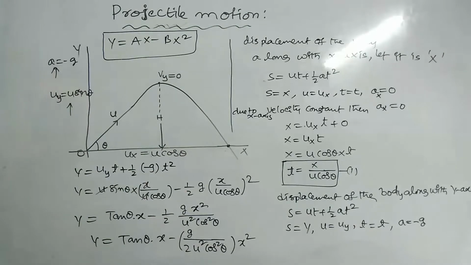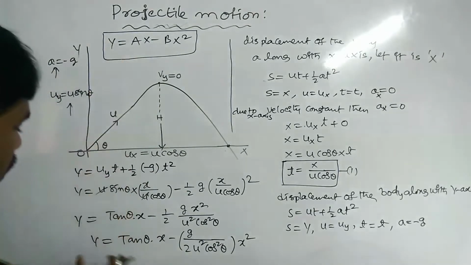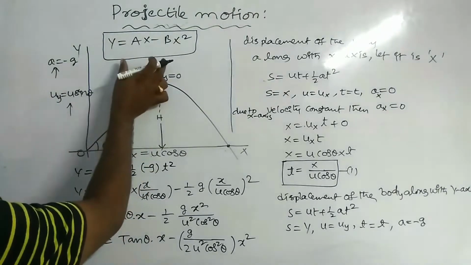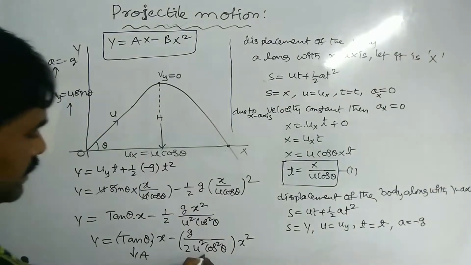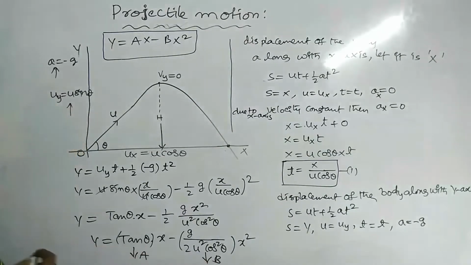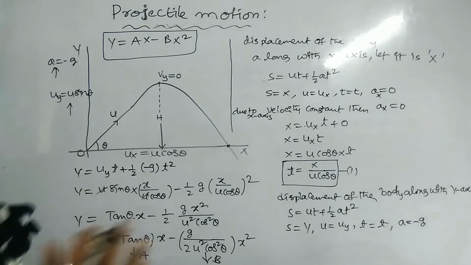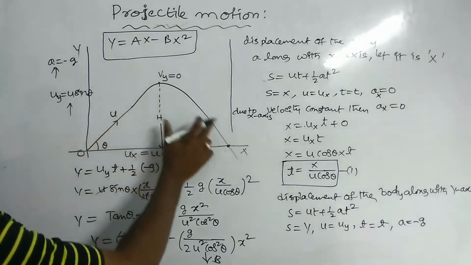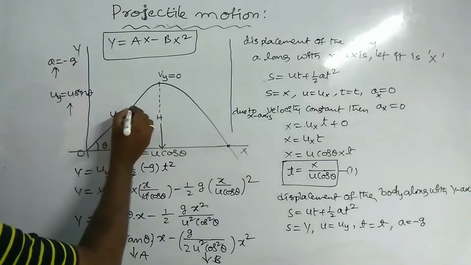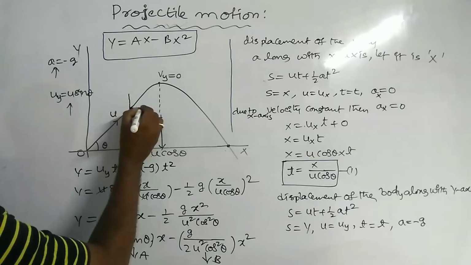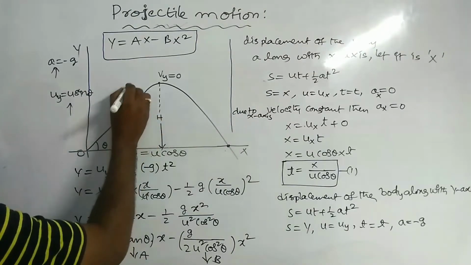Equation of parabola. So this equation can be compared, where tan theta is equal to a and g by 2u square cos square theta is equal to b. So then this can be said to be ax minus bx square, which is the basic formula of the parabola. Hence we can say that the path of the projectile is a parabola. Okay, so this is along the x-axis and along the y-axis.